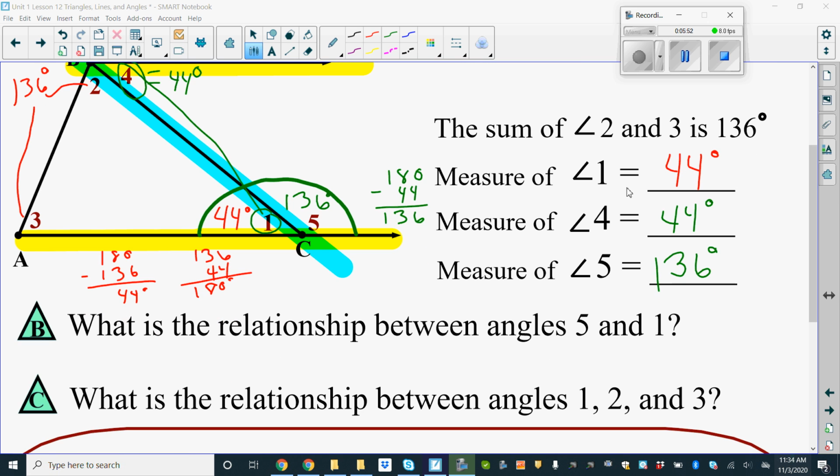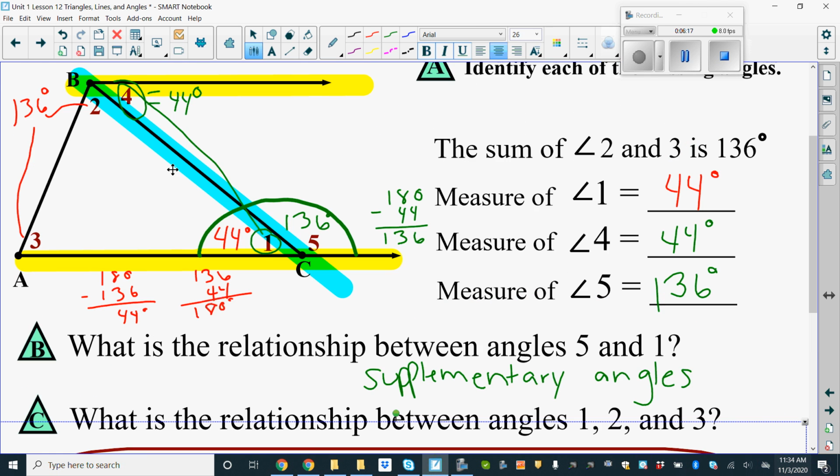Now we have to find the relationship between angle 1 and angle 5. We know angles that create a straight line are called supplementary angles. So these are supplementary angles because they equal 180 degrees. And then what is the relationship between angles 1, 2, and 3? Yes, they create a triangle.